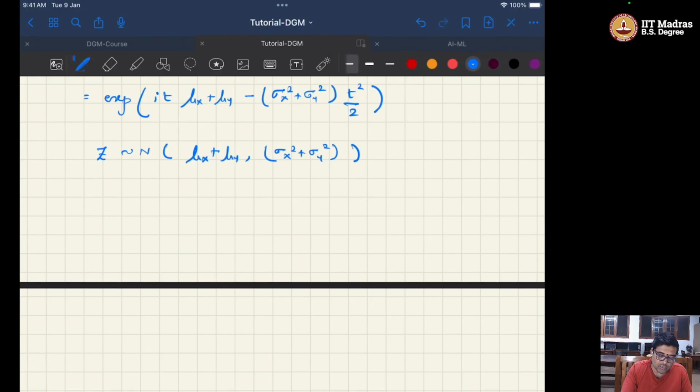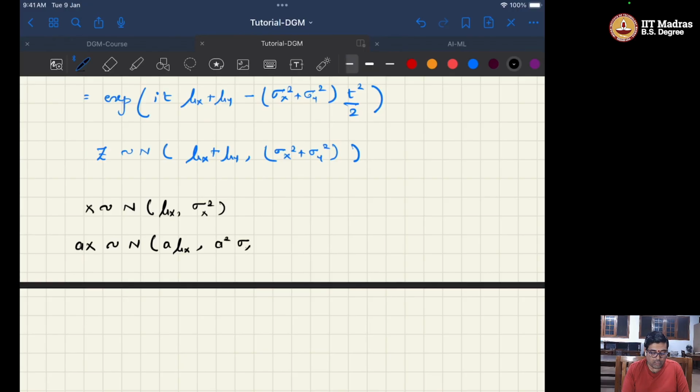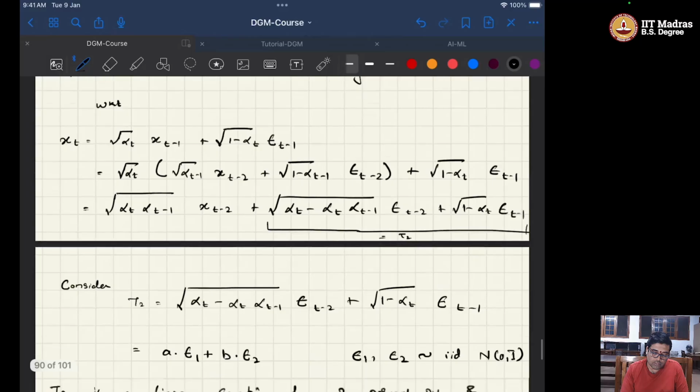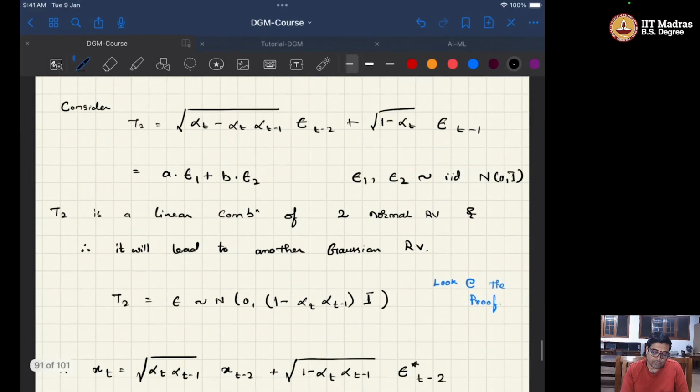Okay. So now, just to give you the first part, if X is normal with mu X and sigma X square, what will be the distribution of aX? This is normal distribution with a into mu X, comma, a square into sigma X square. I think from here you can extrapolate and you will be able to obtain the result in this case.